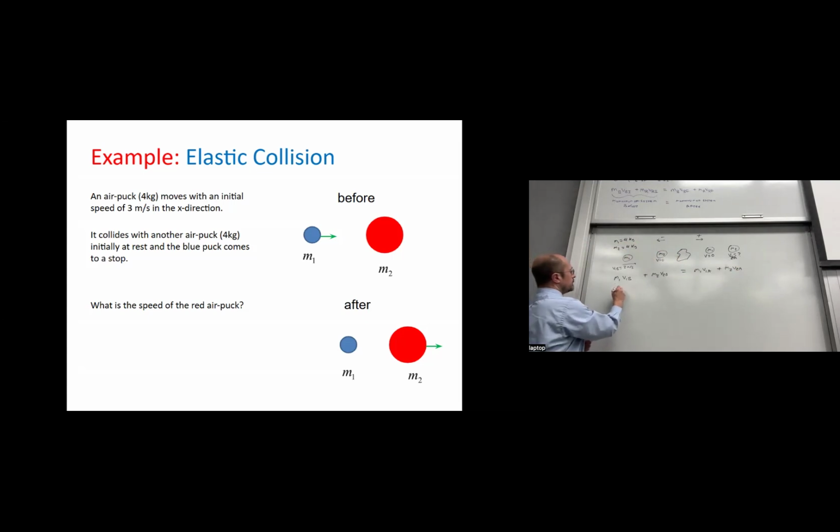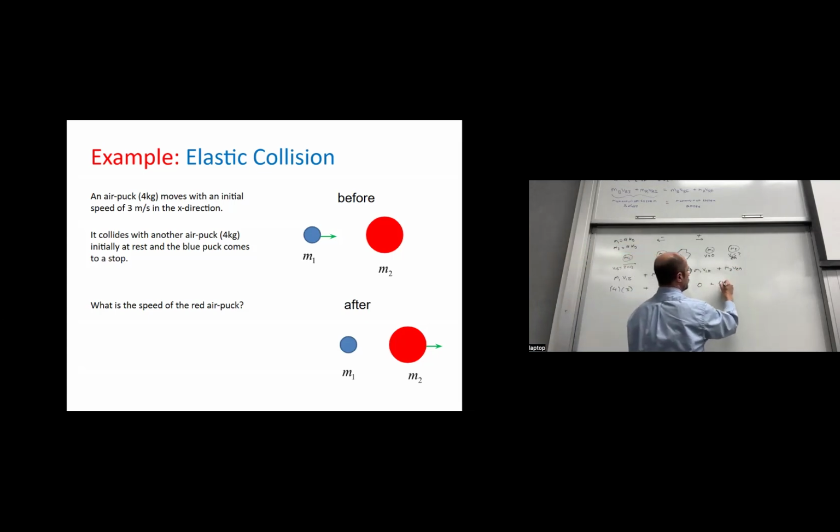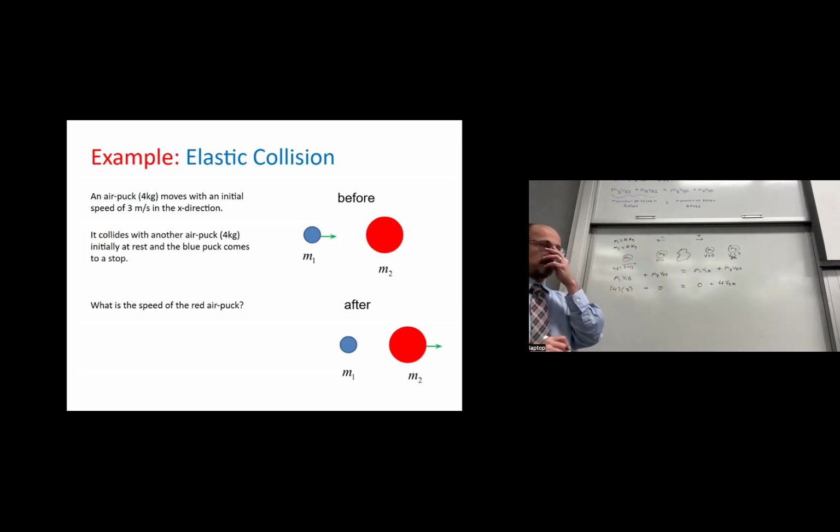But I see I have 4 times 3 plus 0 equals 0 plus 4 V2 after. Is everyone good with that? So we get 12 is equal to 4 V2 after, or V2 after is 12 over 4, which is 3.